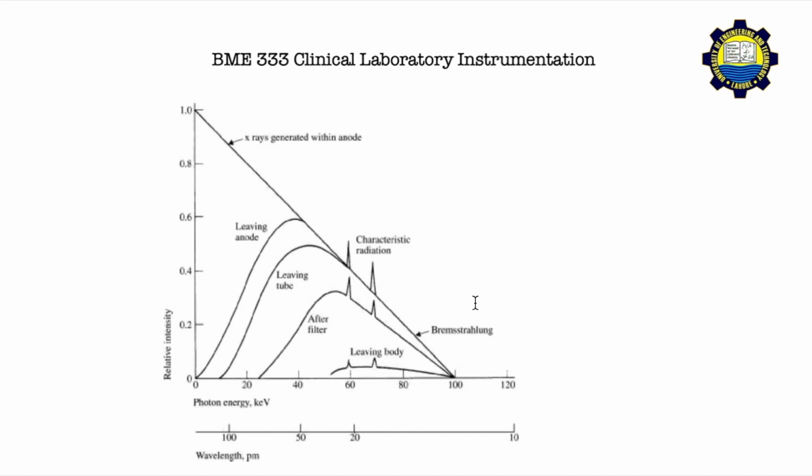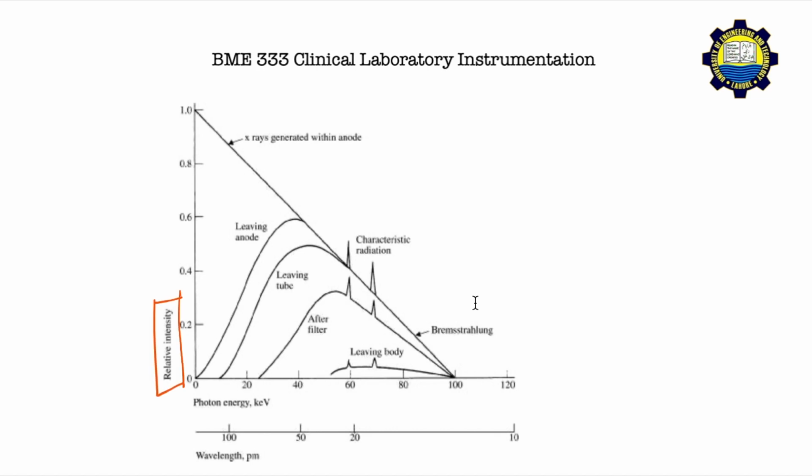So what we see here is a graph, and what I wanted to understand was the energy profile, or the intensity profile, of the X-ray photons at different stages. On your y-axis is the relative intensity.